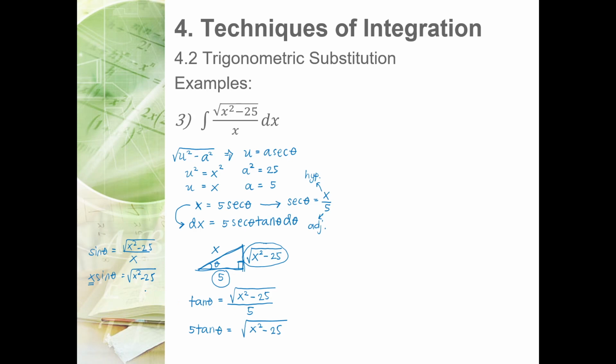Comparing this side by side, the left side is 5 tangent theta, which is safe for us to substitute since it's a constant plus the trigonometric function. Comparing it with the other one, x comes back.